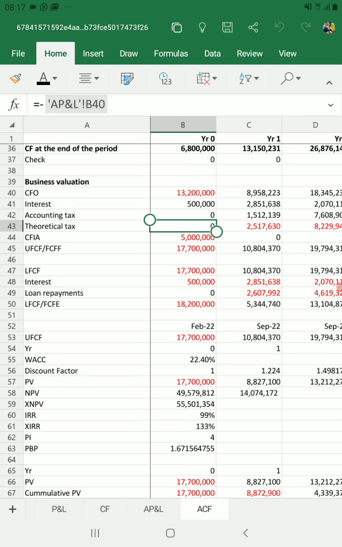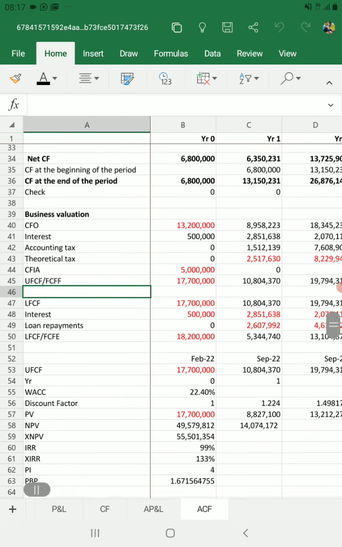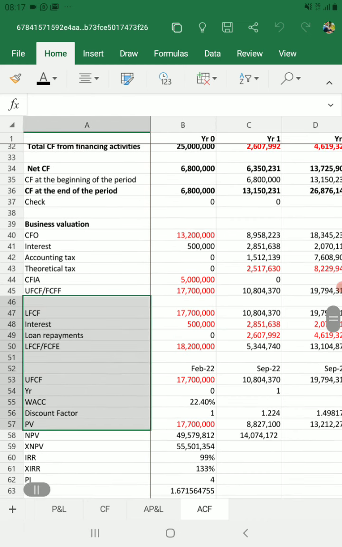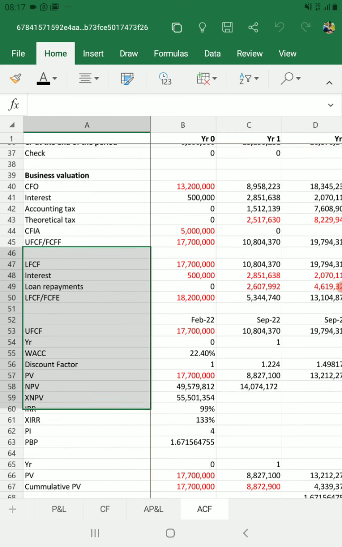And this is cash flow from investing activities. They have been deducted to arrive at our figure for unlevered free cash flow, which we have used for valuation purpose.